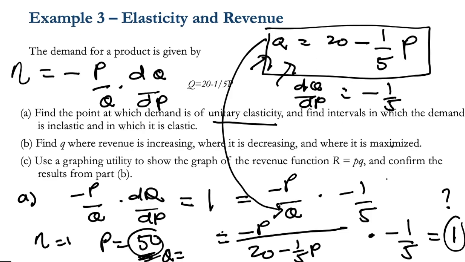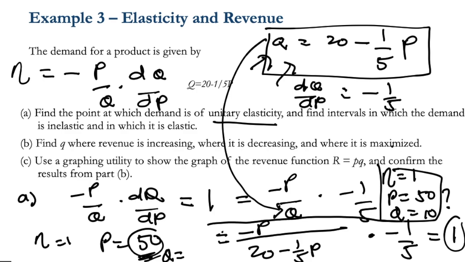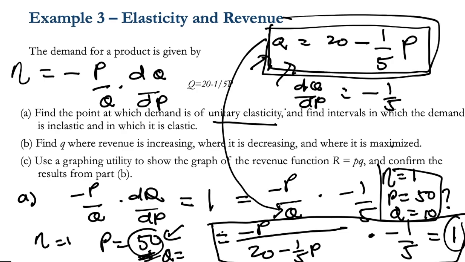So here you're going to get elasticity equivalent to 1 when price equals 50 and Q equals 10. But in order to get this, you must rearrange this last line here and solve for P. When you solve for P, you get P equals 50. After that, plug 50 back into this demand function, and you get Q equals 10.